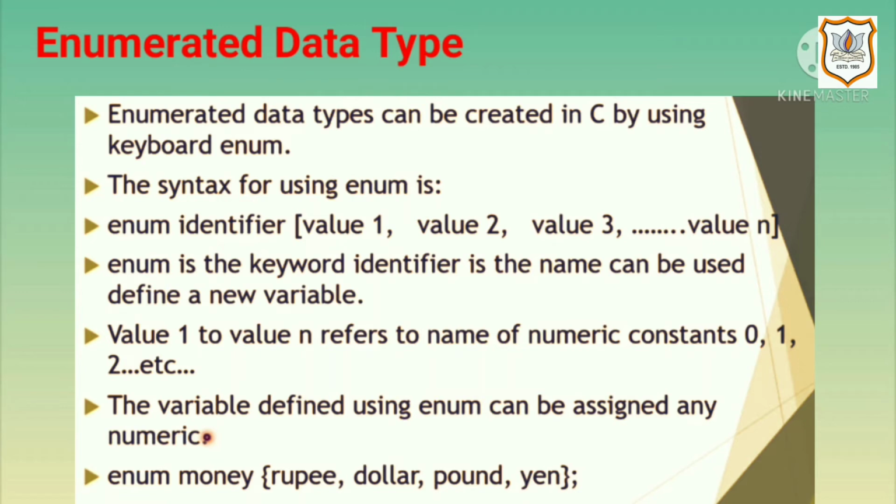The next statement declares a variable currency of type money. The last statement assigns the value dollar to currency and is equivalent to currency equal to 1. Here, rupee, dollar, pound, and yen refer to numeric constants 0, 1, 2, and 3 respectively. These numeric constants are assigned by the compiler automatically.